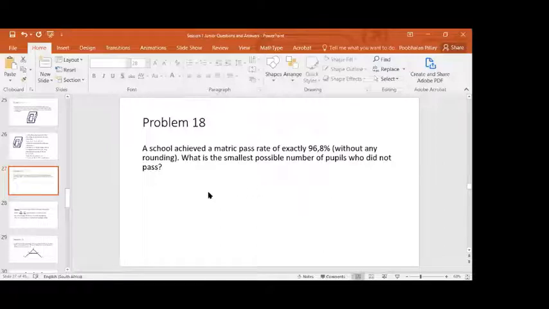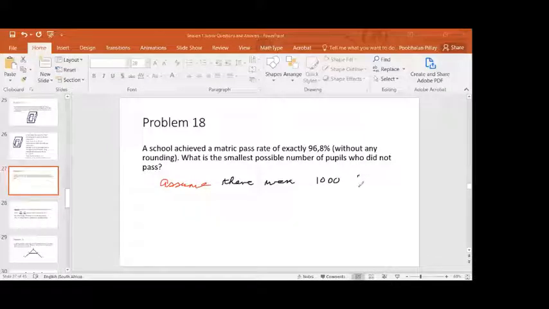If 96.8 exactly, so let's just assume, this is the interesting part. When we make an assumption, we'll see just now why. Assume there were, okay, let me just take the black out, the red out. Assume there were 96.8, I think the best thing to do is to take 1,000 pupils.